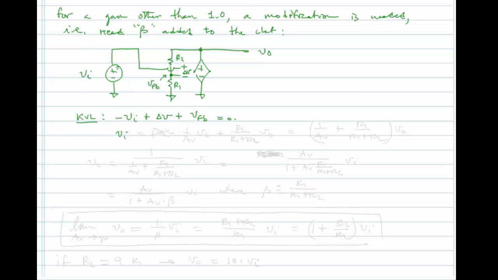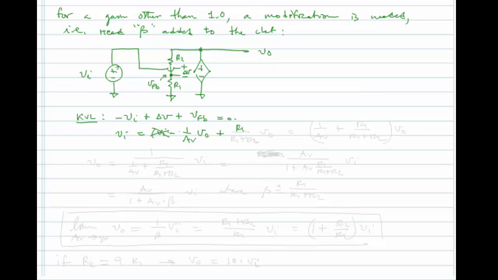Well, VI is equal to delta V, which is VI minus, wait a minute, what did I do? Oh, sorry. I want to express delta V in terms of V out, right? I'm solving for V out. So this is 1 over AV, V out, right, plus the feedback voltage is just the voltage division.